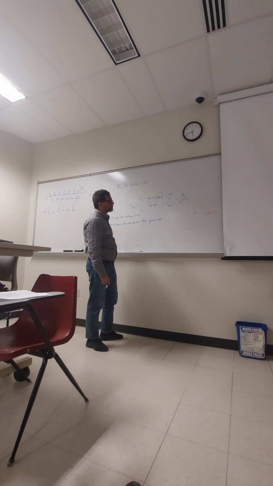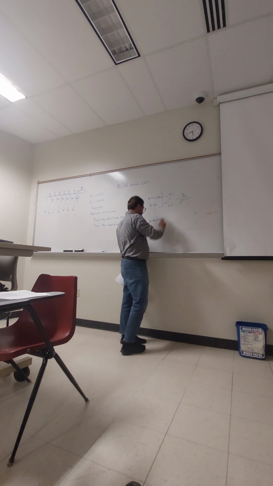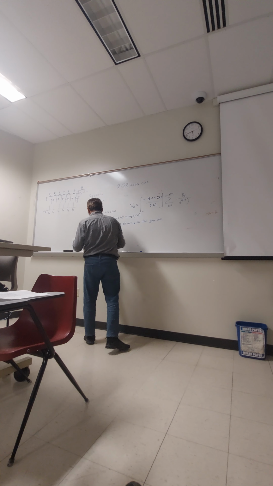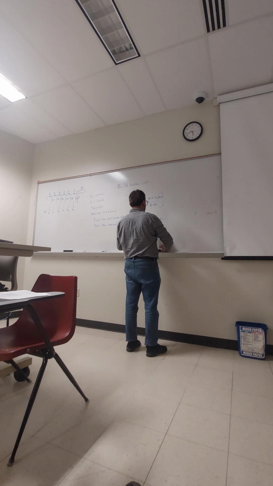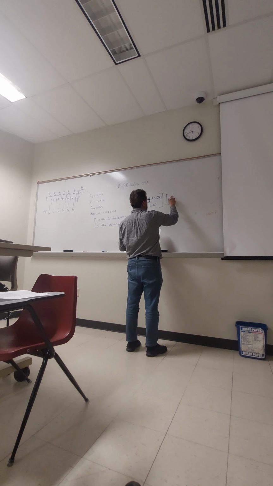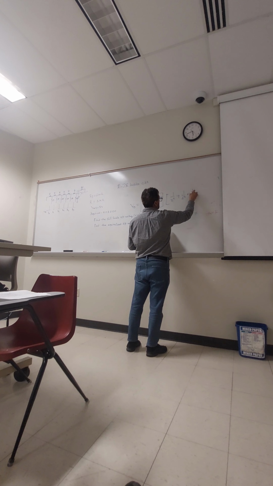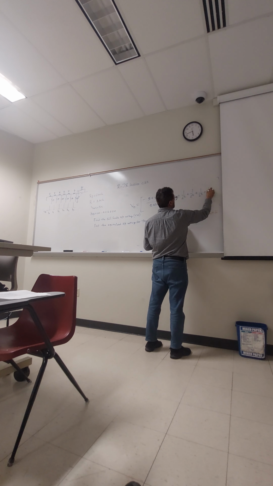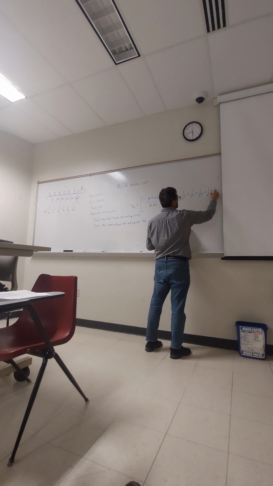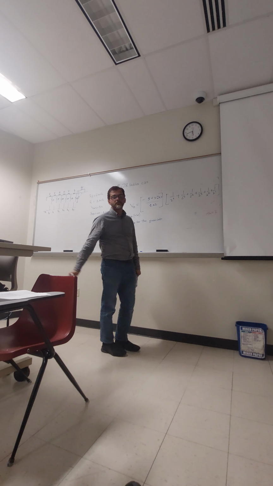And for the full scale output voltage, you have to consider each position, right? So for each position, we can write down 1 over 2 to the power 6, 1 over 2 to the power 5, 1 over 2 to the power 4, 1 over 2 to the power 3, 1 over 2 to the power 2, 1 over 2 to the power n. 1, 2, 3, 4, 5, 6 bits.